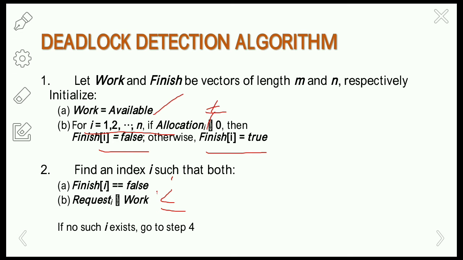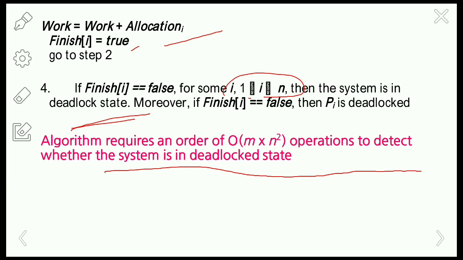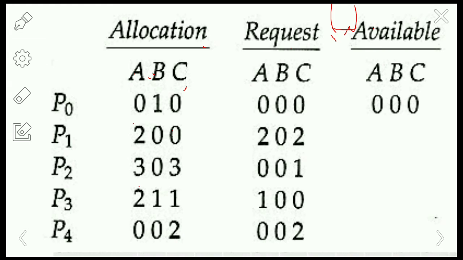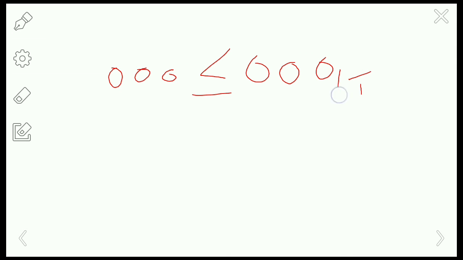We select the process P0, and check whether request is less than or equal to work. 0 0 0 is less than or equal to 0 0 0, so this is true.